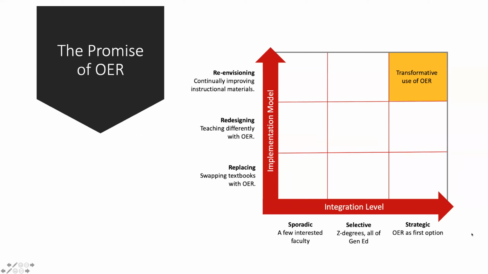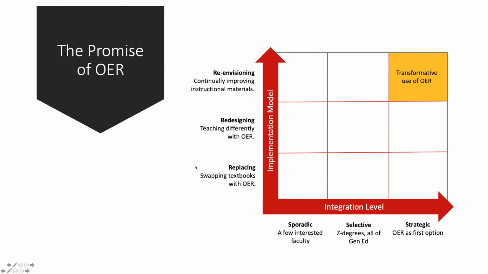We've seen other states, SUNY and CUNY in New York, for example, that are being funded at great levels by their governors to think hard about how to achieve that kind of scale. But as we've been talking about it within M.O.S.T, we're also very interested in the implementation model, this y-axis.